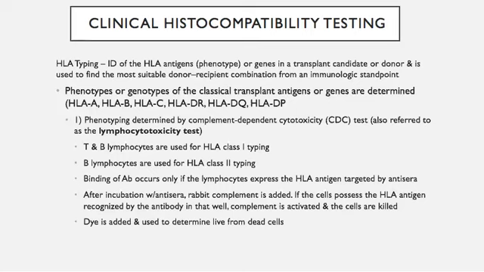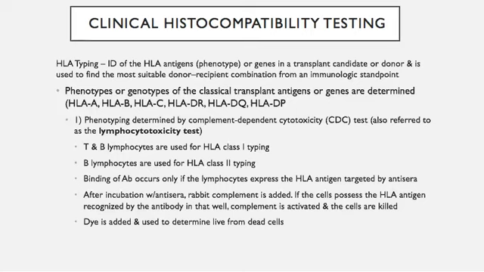Now some histocompatibility testing. First there's HLA typing. You have to identify the HLA antigens or the phenotype or genes in a transplant candidate, the recipient or the donor, and that's used to find the most suitable donor-recipient combination from an immunologic standpoint.